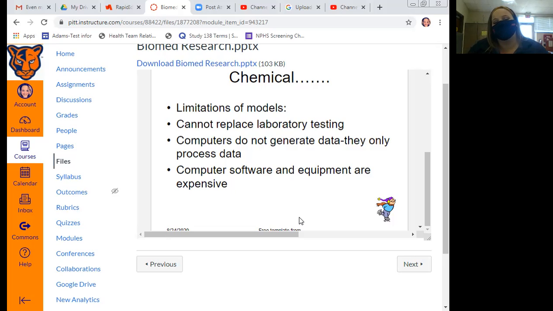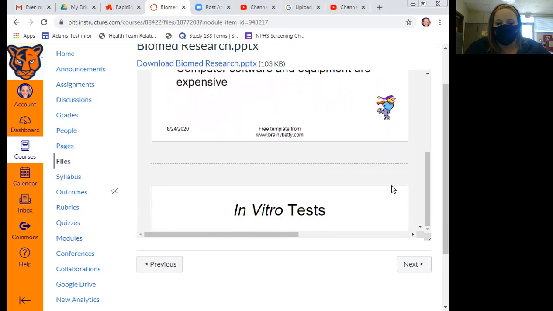Okay? So where it says that computers do not generate data, they only process data, that's that calculator thing. A calculator is not going to know that the next step in the equation is to divide by 2. All right? It's only going to do what you tell it to. And then, of course, computer software and equipment are very expensive. All right?